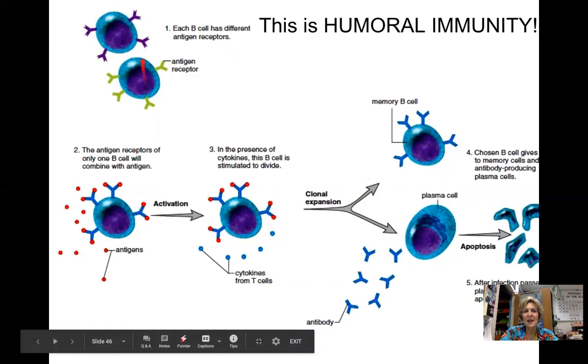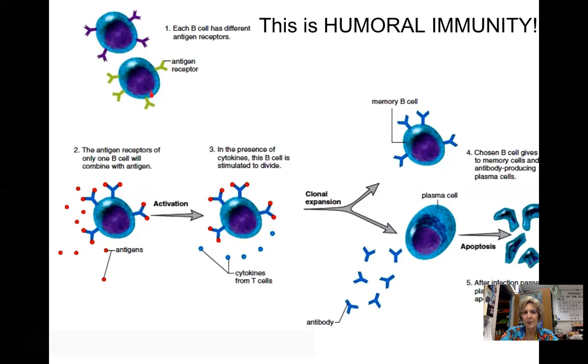So each B cell has a different antigen receptor, and that antigen receptor is only going to combine with the specific antigen once it gets activated, either by a helper T cell that has had an antigen presenting cell alerted and activated, or by the B cell itself coming into contact with the specific pathogen whose antigen fits with the antibody on that B cell.